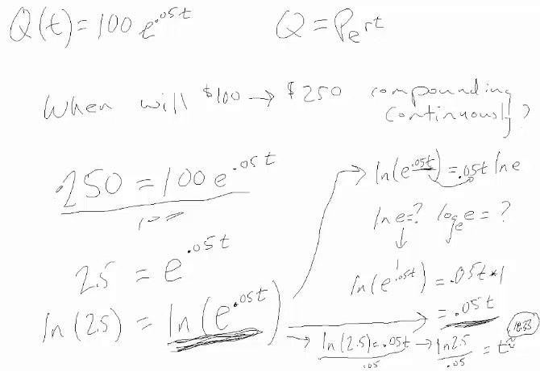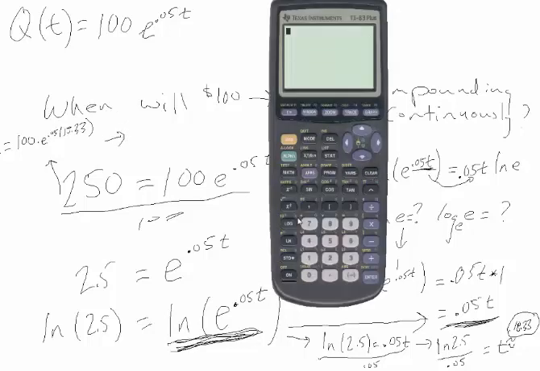And we could check this. 100 times e to the 0.05 times 18.33 equals just over 250.